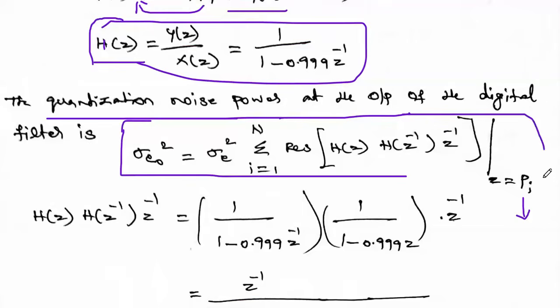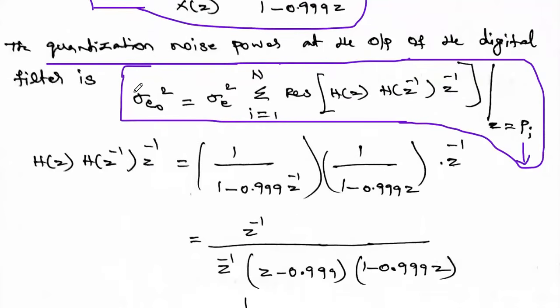Okay, so already you know the formula. So using this formula, we are going to find the sigma e o squared. So in order to find this quantization noise power, first we have to calculate this residue value.